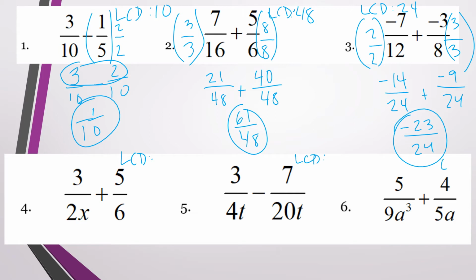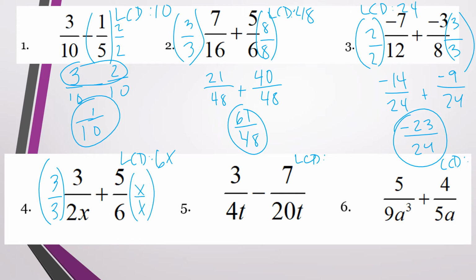The next one, we throw in variables for these last 3. So remember, you need to include your variables there. So I have 2x and then 6. I cannot just get rid of that x, so I'm going to have to bring x into the LCD, and then between the numbers 2 and 6, the least common multiple would be 6, because I can easily multiply 2 by 3 to get to 6, and then my second fraction is missing an x. You're looking for the missing piece.